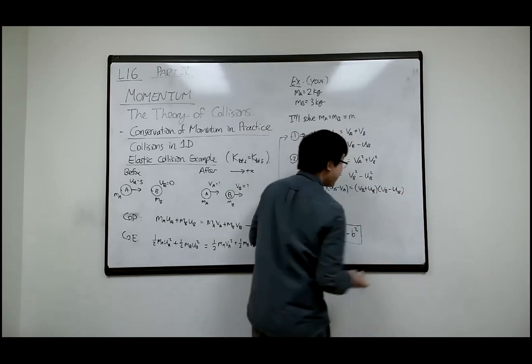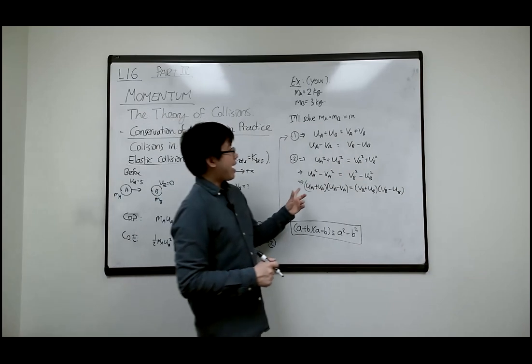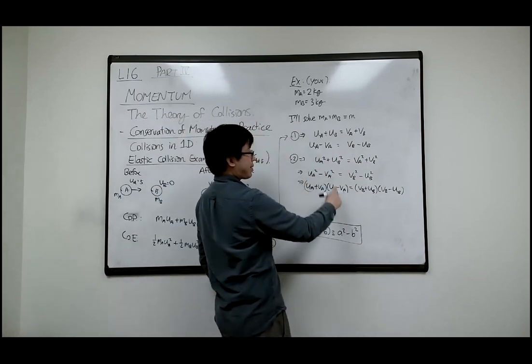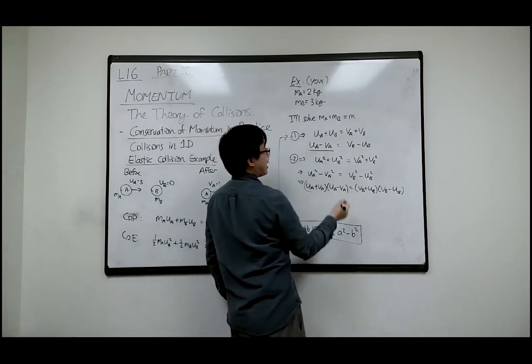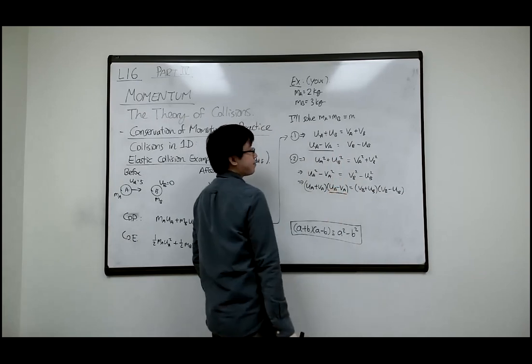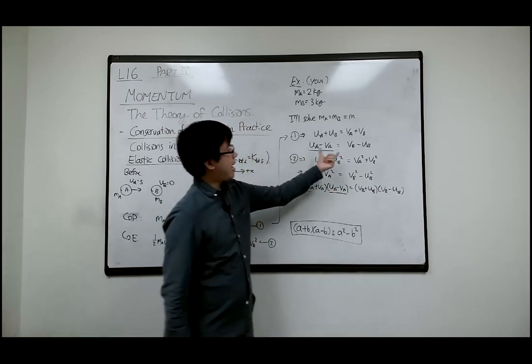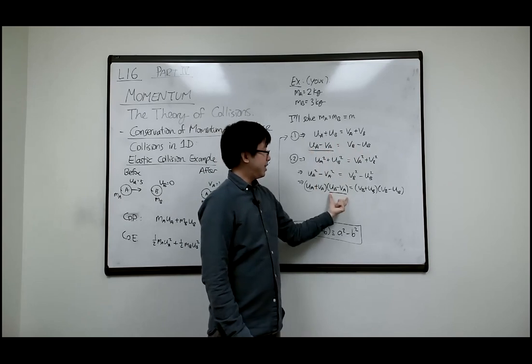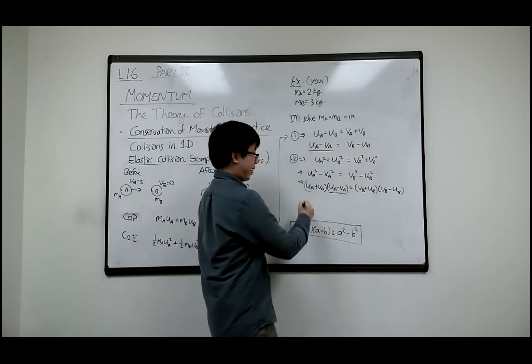Yeah, good. Okay. So now, can you see something we can plug in? This is the same as this, right? So I can now replace what I underlined with this. Okay.